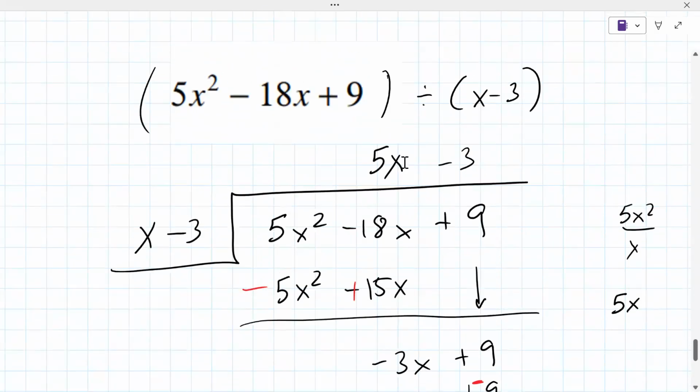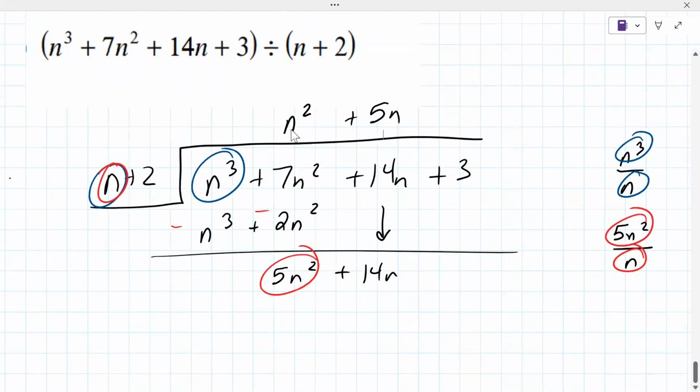Let's go back to the previous problem. What did we do with the 5x? Multiplied it with the original formula. Then what did we do with the minus 3? Multiplied it with the original formula. So what did you do with the n squared? You multiplied it by n plus 2. So now what are we gonna do with the 5n? And we're doing it with 5n and not 5n squared, correct?